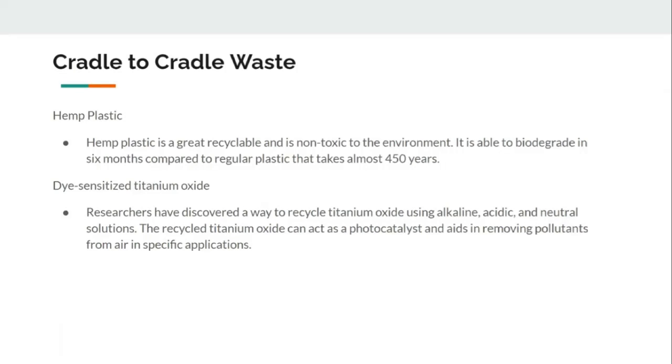It's an organic material, so it can actually be used for compost as well. And the titanium oxide actually can be reused and doesn't lose any of its value or any of its components during its lifetime, so it can be reused into making more solar cells or making paint and stuff like that.